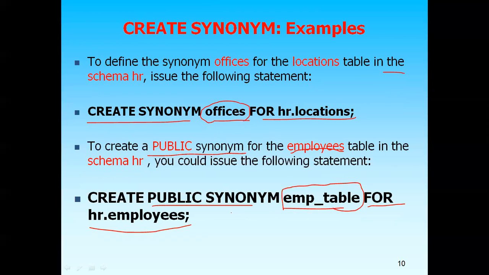To perform the different operations on the database, that is the employee table, right? So this is the syntax. When we create it as public, this synonym will be used by all the users. And whenever we create this without public, then this synonym will be used only by that user of that same database, right? I hope you are clear with this.